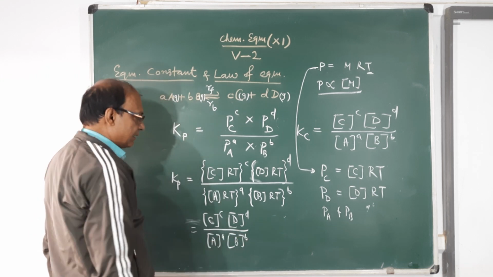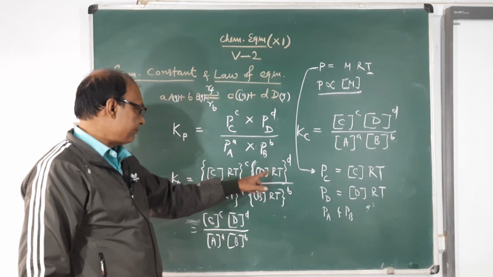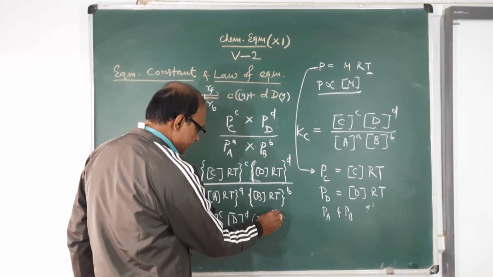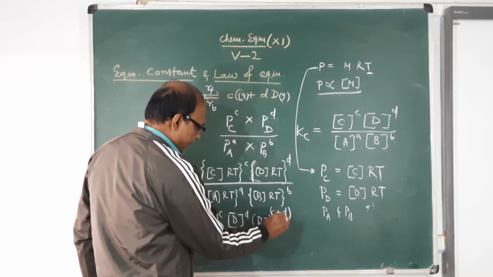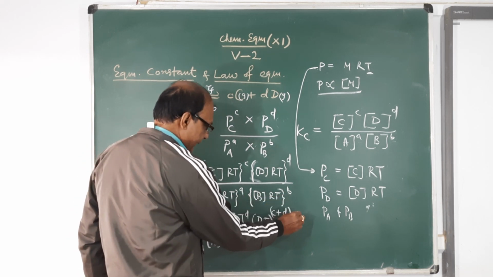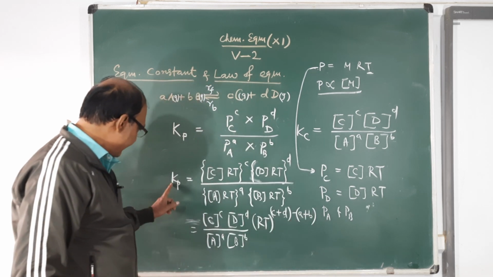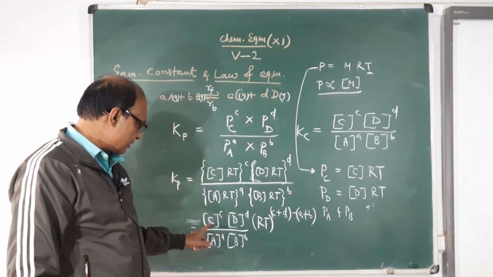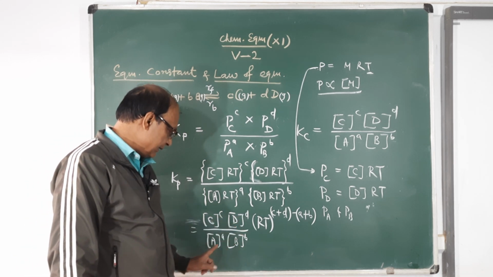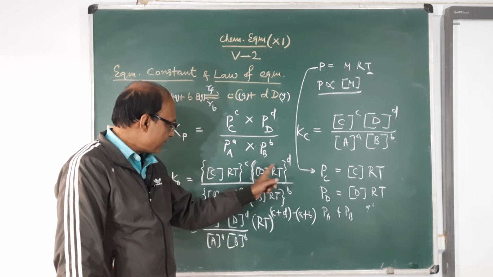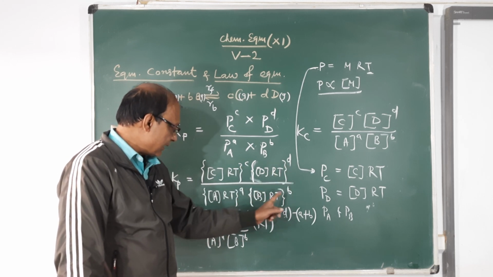And see the RT terms: RT to the power c plus d, minus a plus b. So Kp equals concentration of C power c into D power d by A power a into B power b, into RT to the power (c plus d) minus (a plus b).